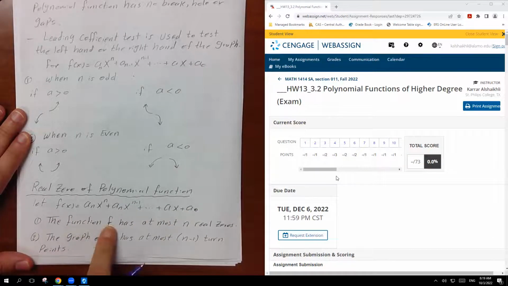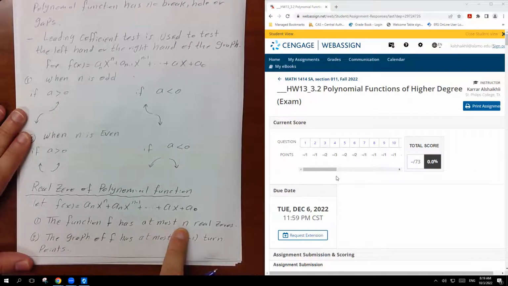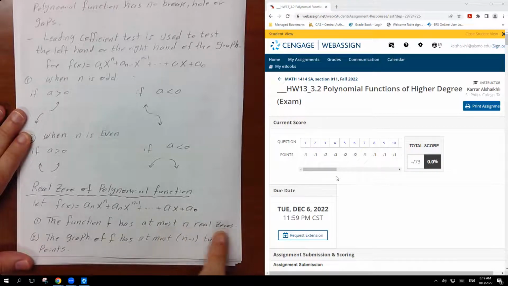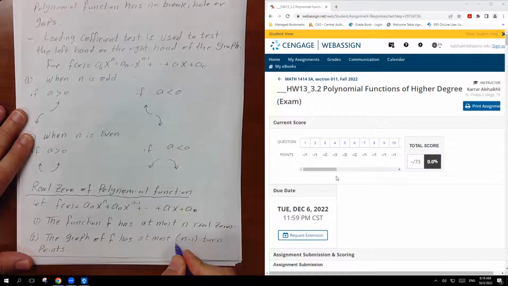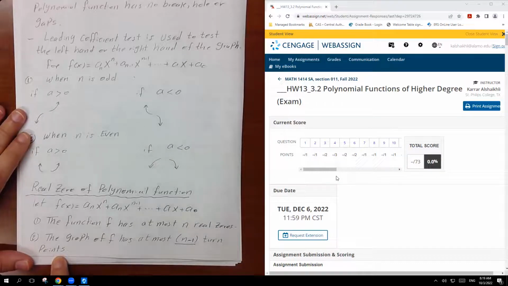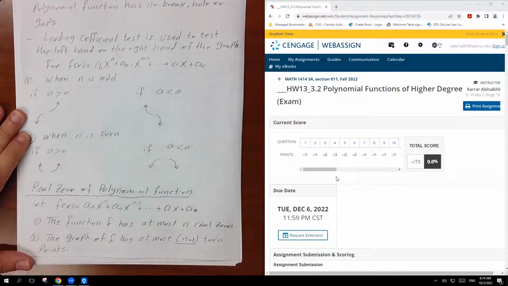The function f has at most n real zeros, which means at the same time n real solutions. The graph of f has at most n - 1 turning points. Keep these two notes in mind.